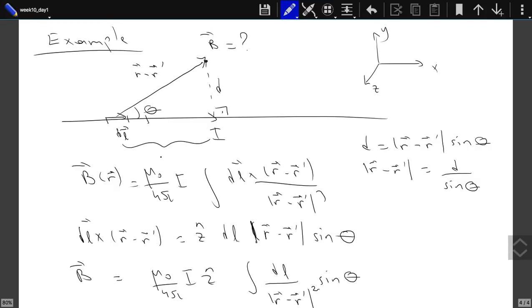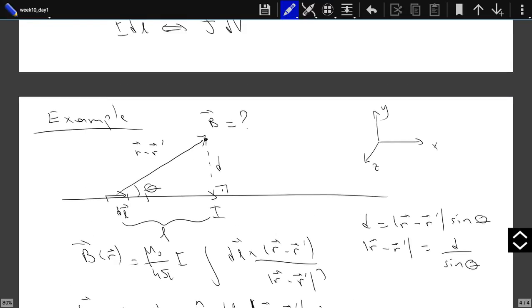Let me call this length L. So basically, each segment, I can specify their position by telling you the L value. And L differs by dl between each of these segments. So that's why this is L, this is dl.